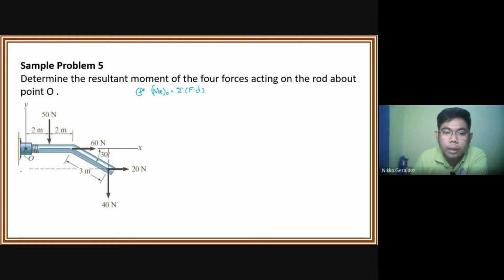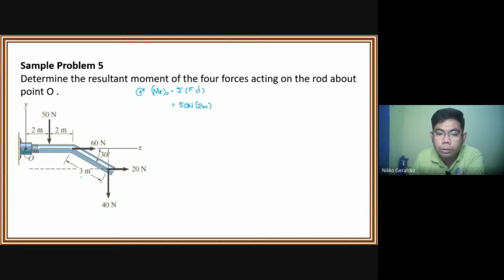What is the direction of its moment about point O? Clockwise, so positive. So that is 15 Newton times, what is the perpendicular distance of the 15 Newton from point O? 2 meters, very good.